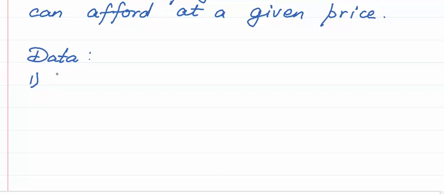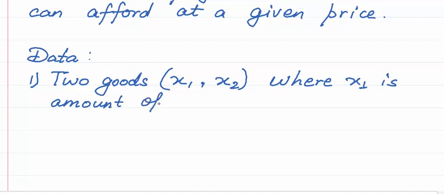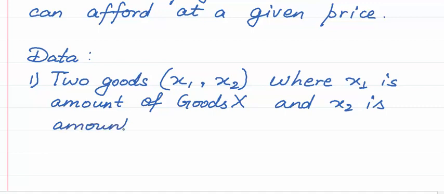So let's take two goods denoted by x1 and x2, where x1 is the amount of good x and x2 is the amount of good y that a consumer wants to consume.